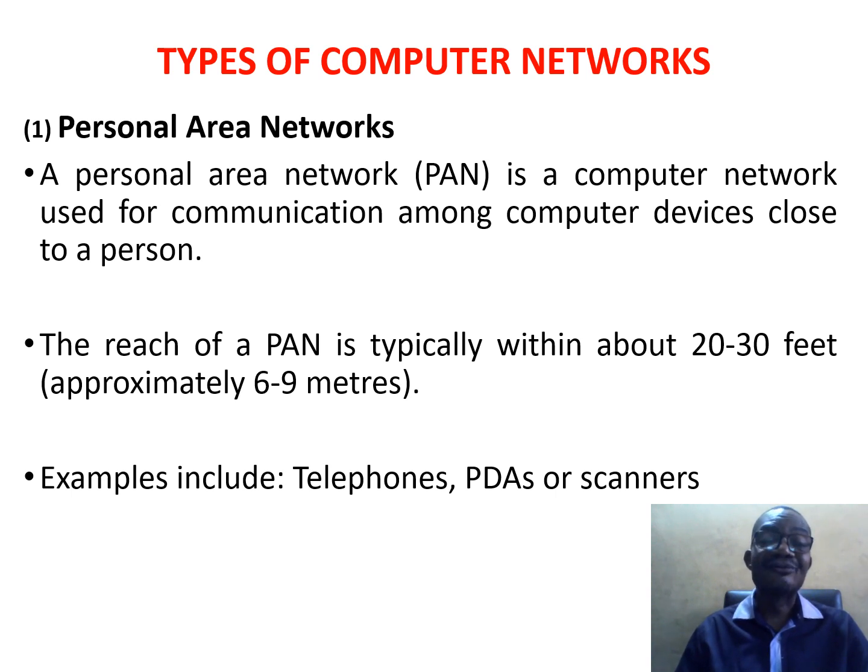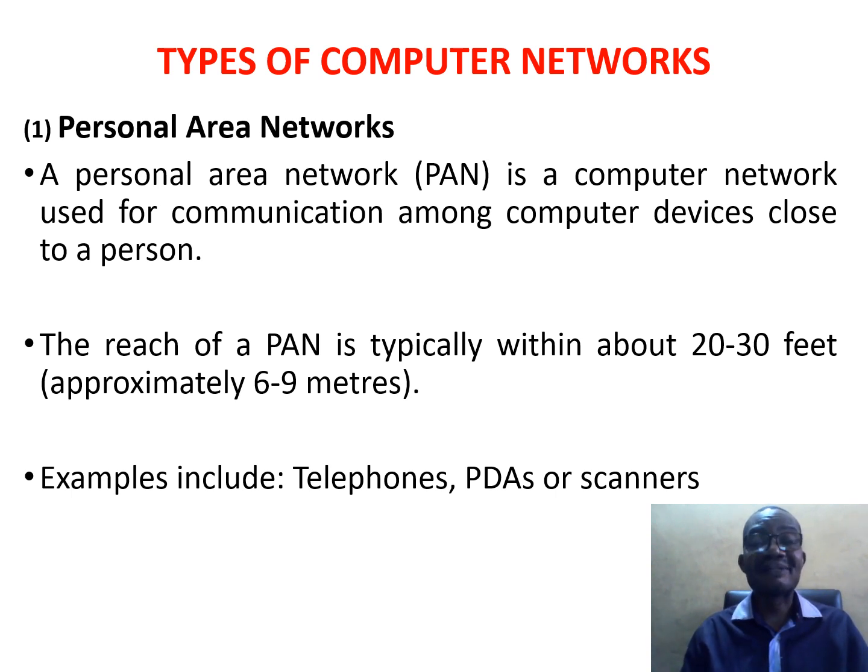For example, if I'm using my mobile phone, the network it builds around me, and I have a sensor on my body that is connected to that mobile phone, the network around it is a personal area network.